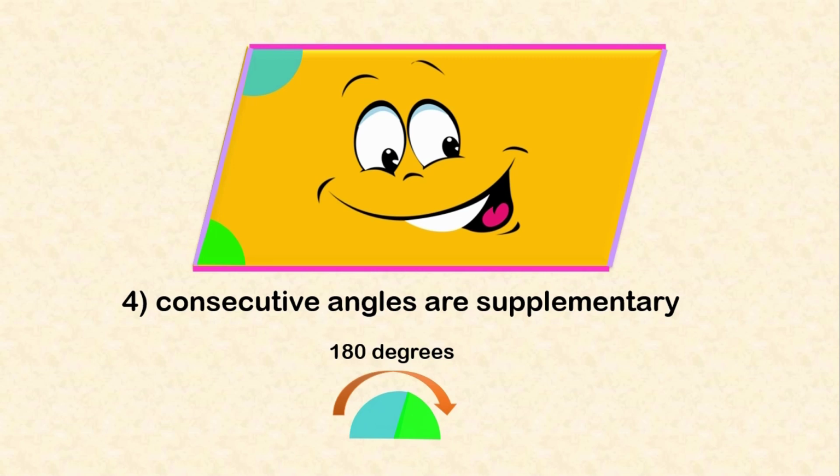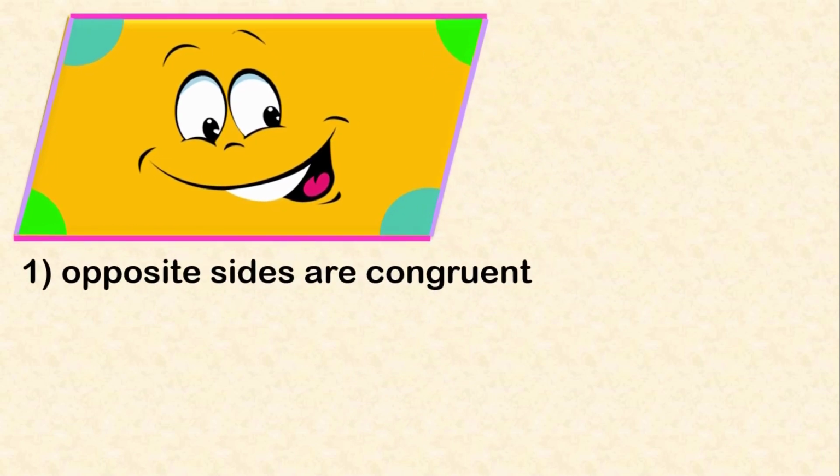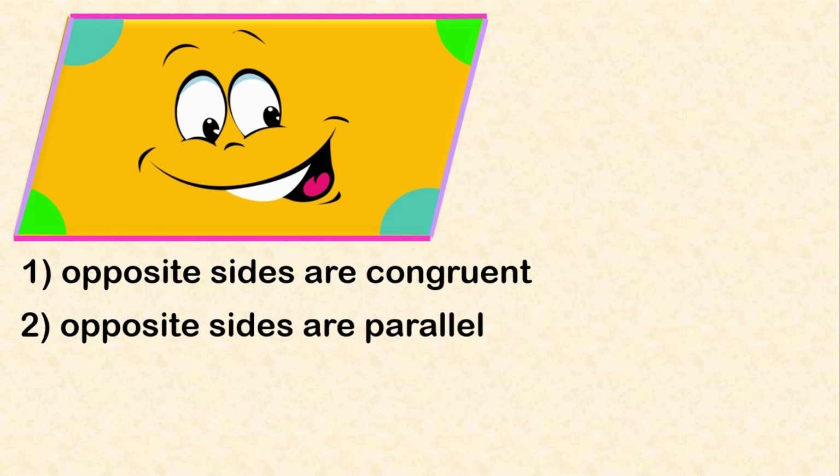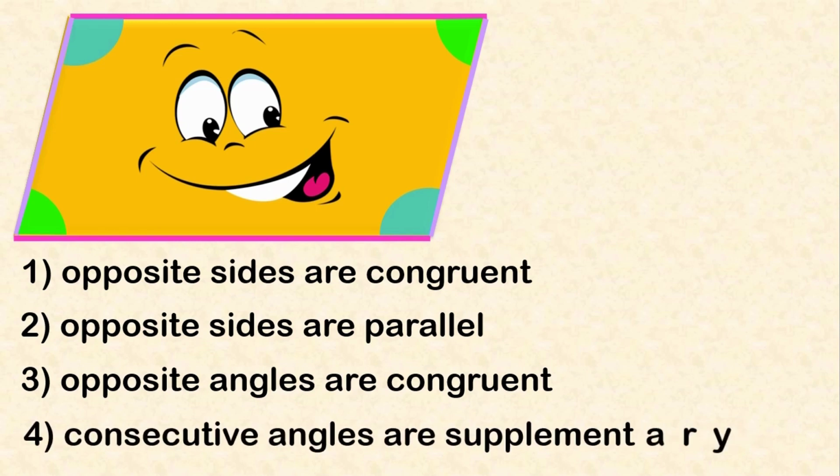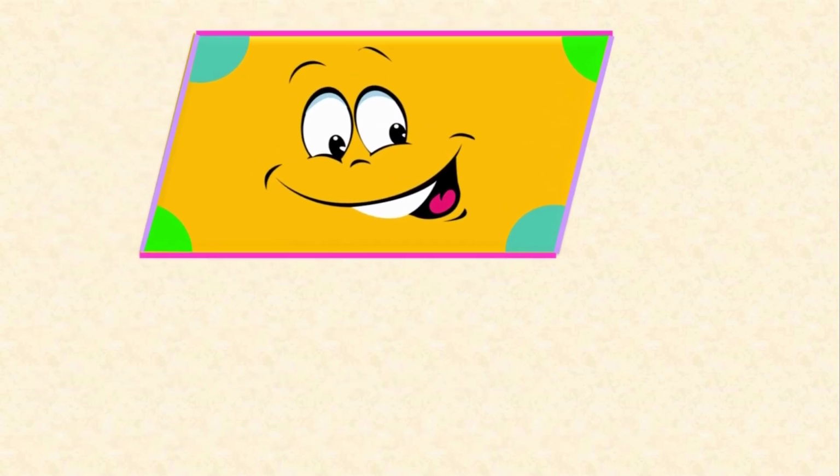Let's review all features of the parallelogram. Opposite sides are equal. Opposite sides are also parallel. Opposite angles are equal, and consecutive angles are supplementary. We want to change something in the parallelogram in order to create a new quadrilateral.